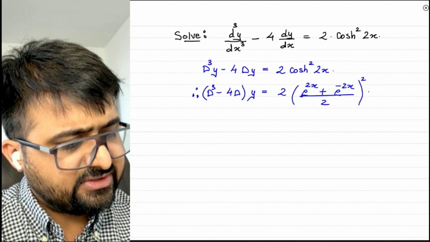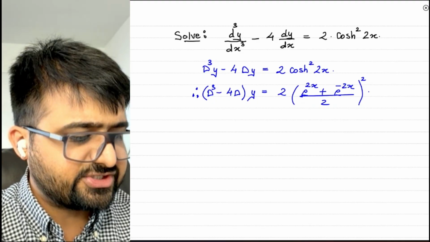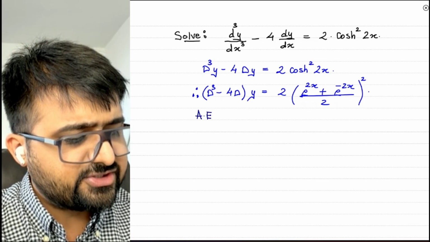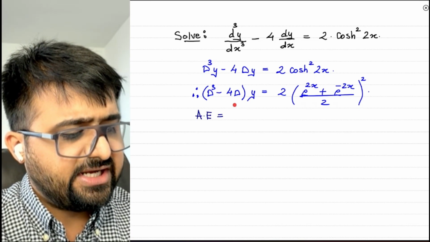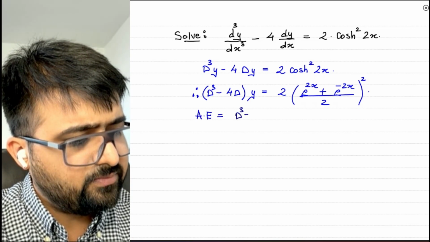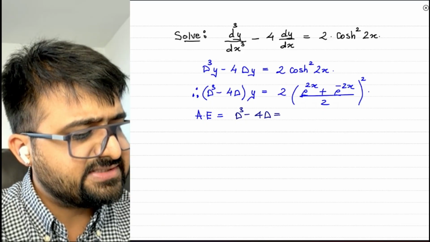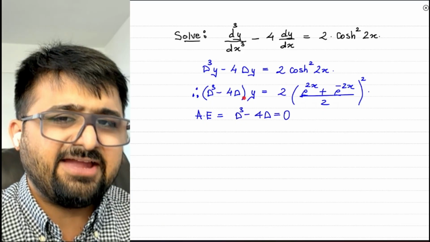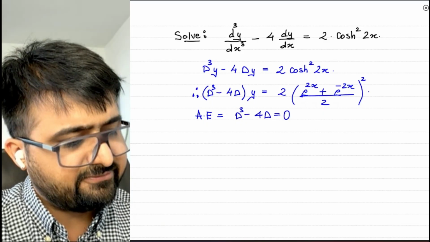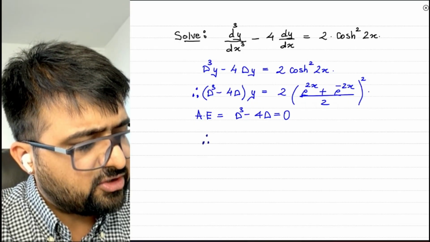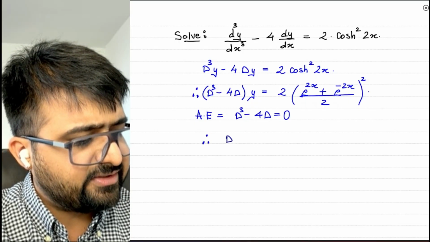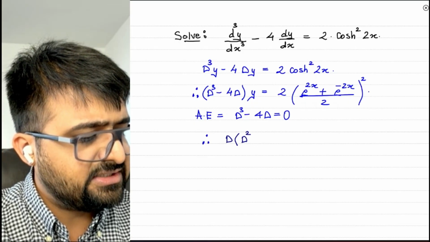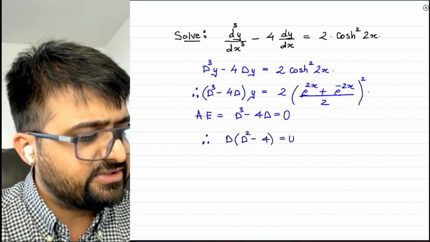All right. So now first let's find the auxiliary equation. In order to find the complementary function, we'll first have to find the auxiliary equation, and the auxiliary equation is nothing but D cube minus 4D is equal to 0. The auxiliary equation is always F(D) is equal to 0, as we have already discussed a few times now. So we'll solve it. Take D common, so you have D square minus 4 is equal to 0.